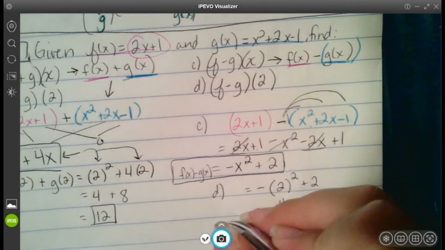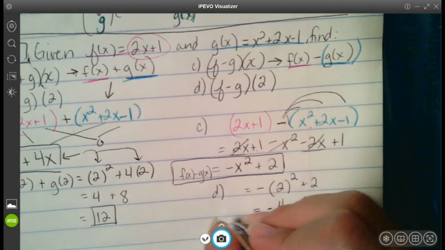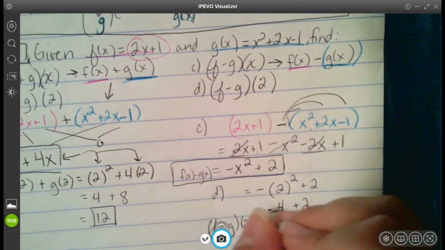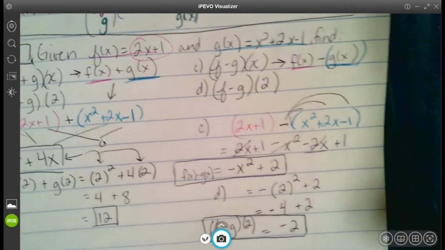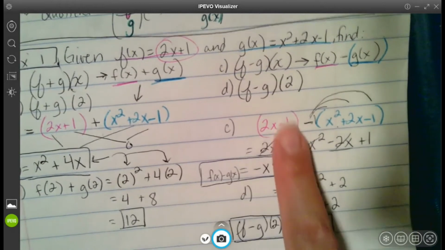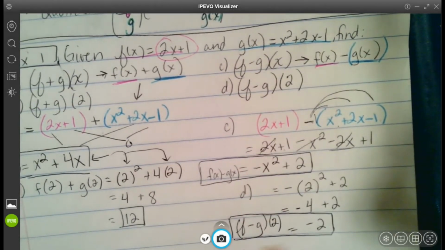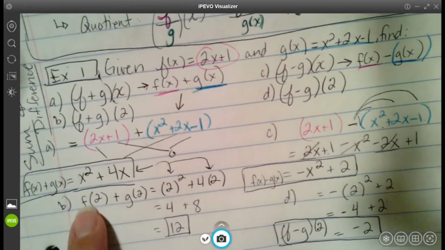So f minus g of 2 equals negative 2. And I did write this one back the way it was written up here just to show you that you can write it either way. You can do it this way or the way I did it over here.